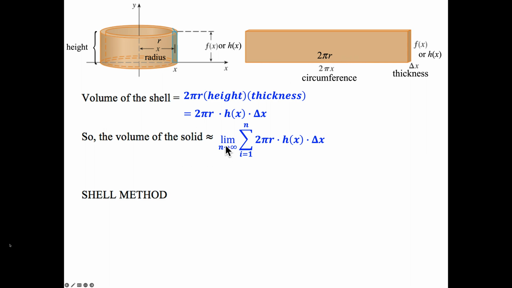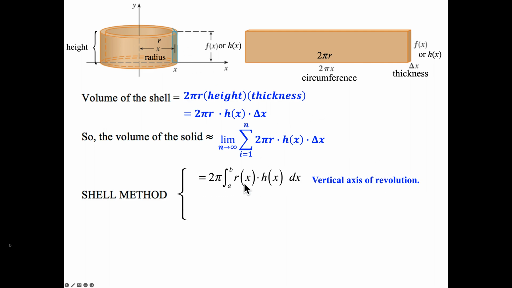If the number of our boxes approaches infinity, when we find our limit, that turns it into an integral. So if you have a vertical axis of revolution, we want to be parallel to that, like we did in our example.